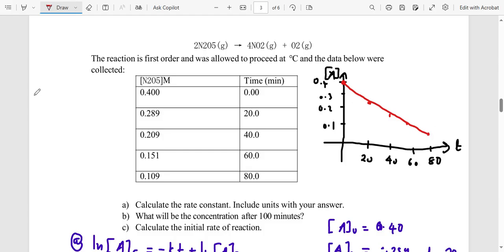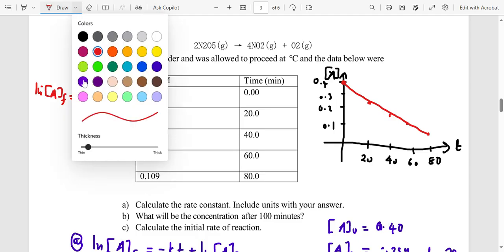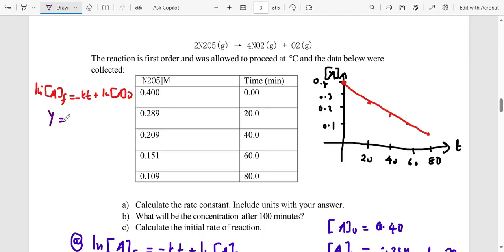Now remember, for a first order reaction, the integrated rate law is: natural log of the final concentration is equal to negative kt plus natural log of the initial concentration. This equation is in the form y is equal to mx plus c.